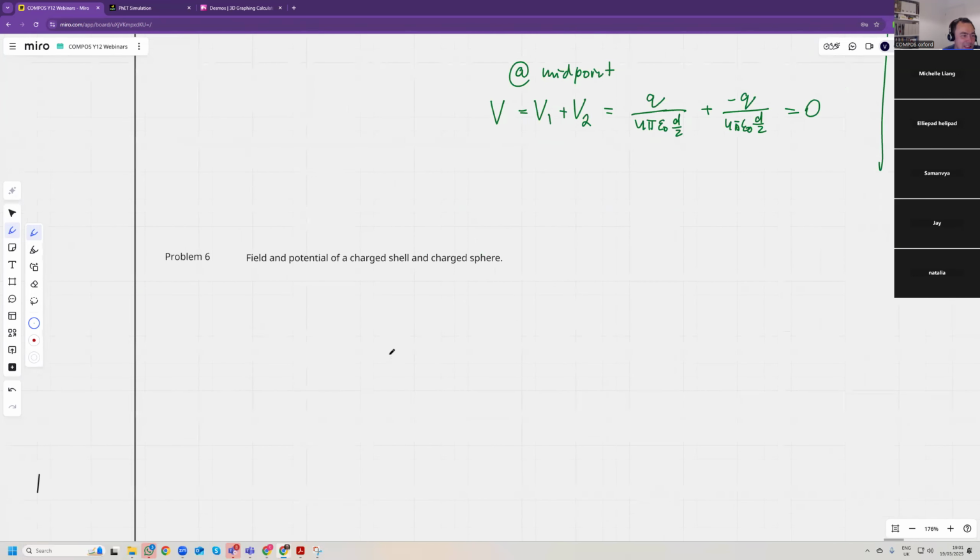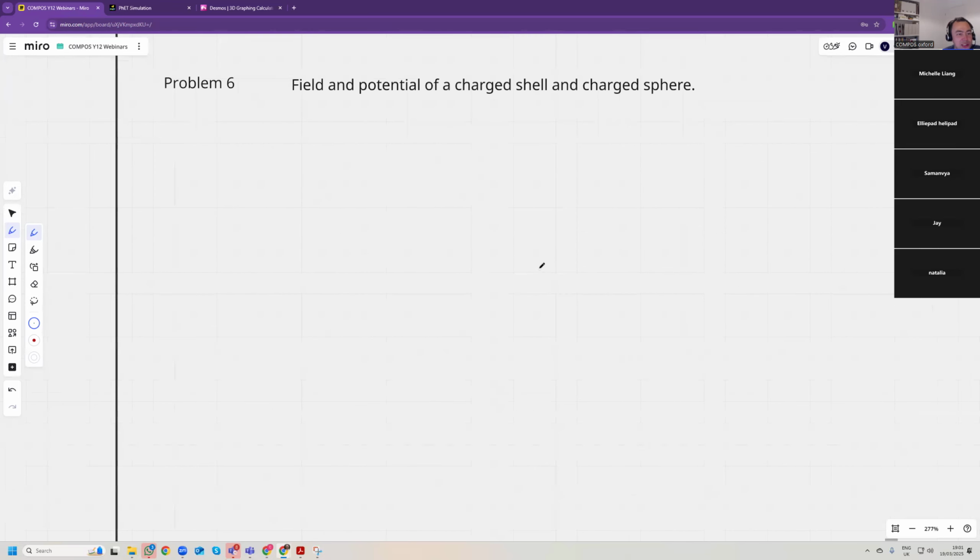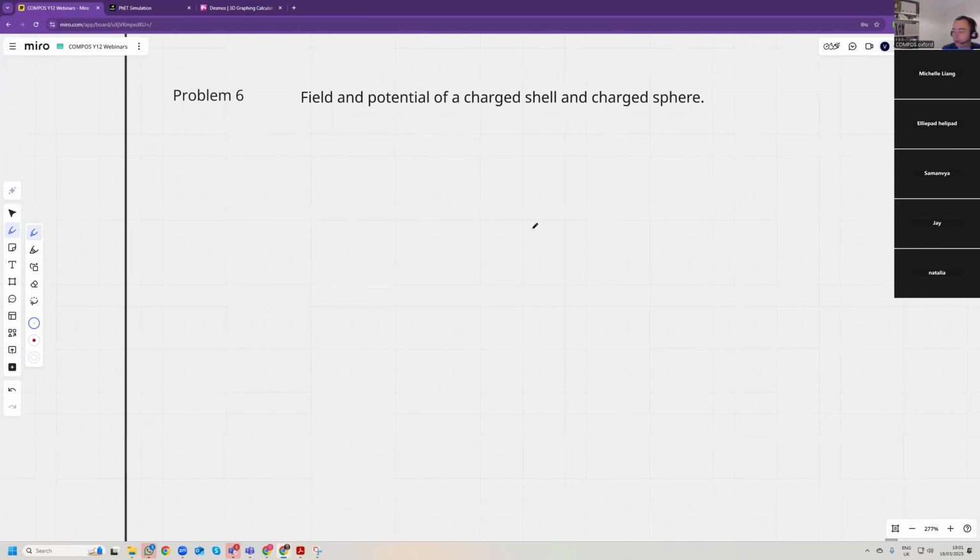Okay, find the electric field and potential of a charged shell and a charged sphere. A charged shell is literally what it is: a very thin, positively charged shell.